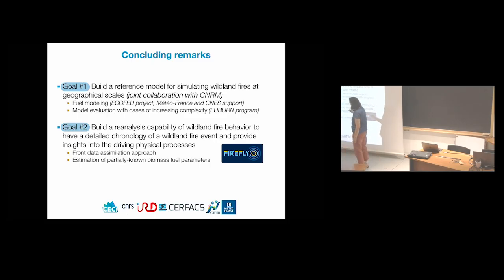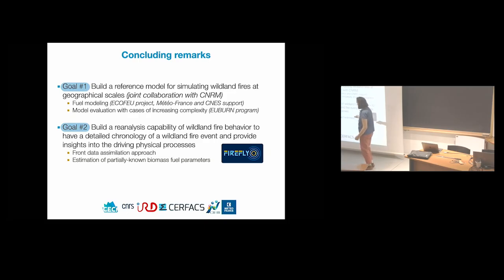Once you have the reference model, you know that you still have uncertainties, and so the ultimate goal is to build a reanalysis capability, to see if with our model combined with the data assimilation approach, we can reconstruct the detailed chronology of a fire event.